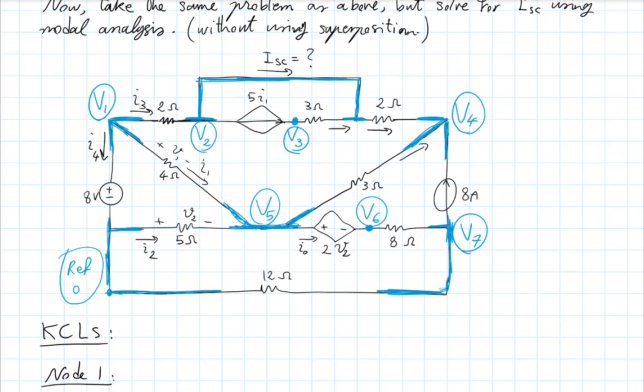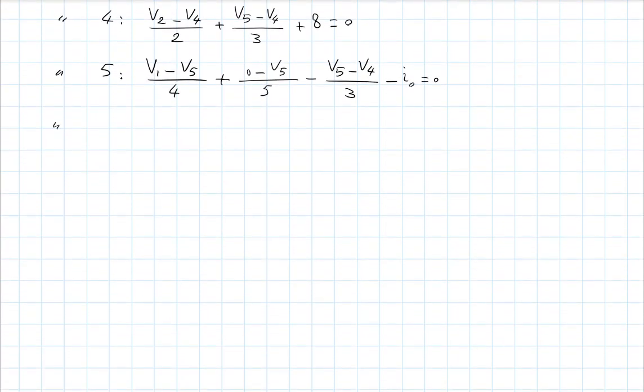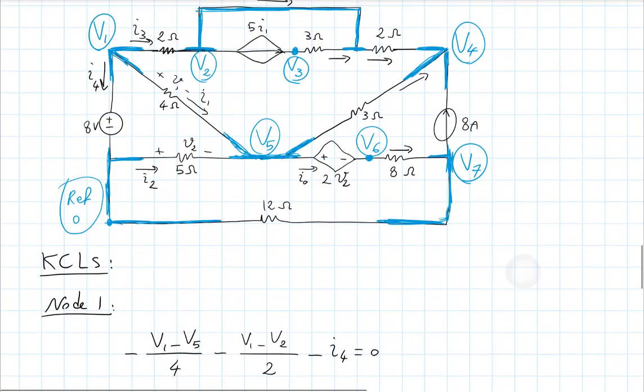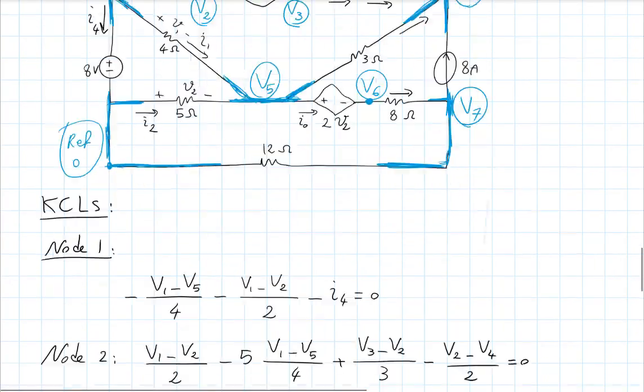So I just have to keep it as it is. At node V6, I have I0 going in and this current leaving. And that current that's leaving is V6 minus V7 divided by 8.